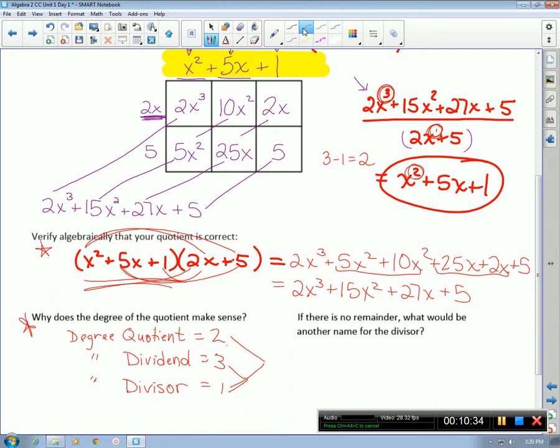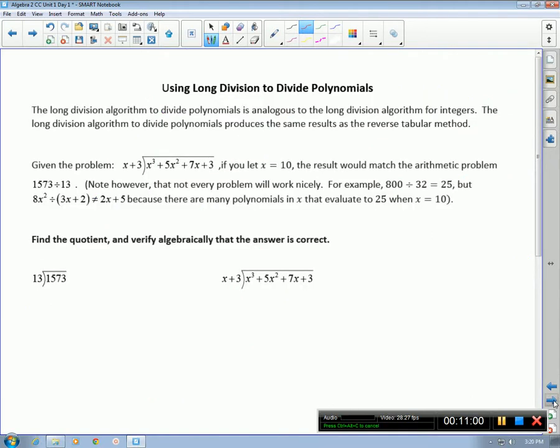Or you could look at it as this 2 with this 1 should give me 3. So it does make sense. There is no remainder, so what's another name for the divisor? So the polynomial on the bottom is a factor. If it divides evenly, it is a factor.